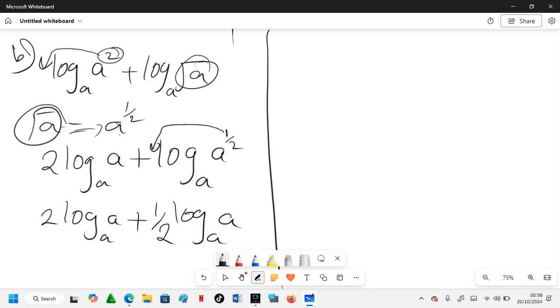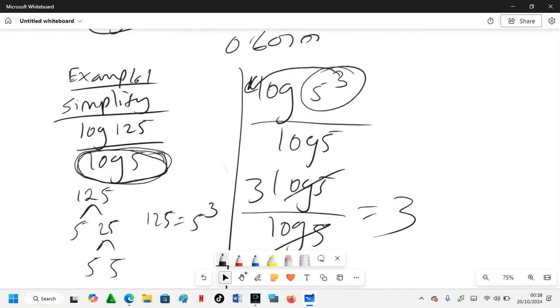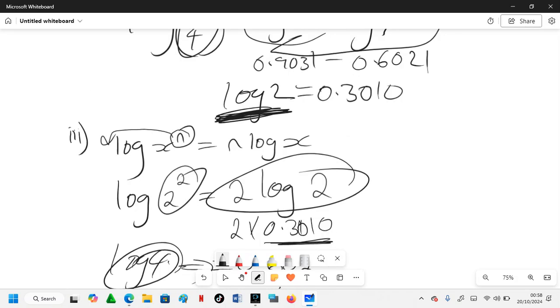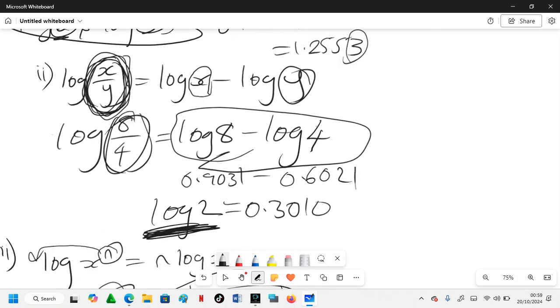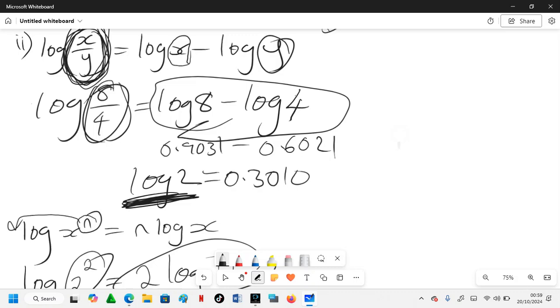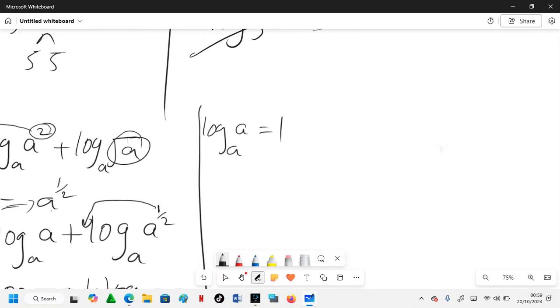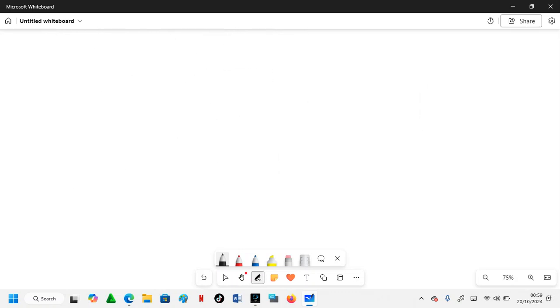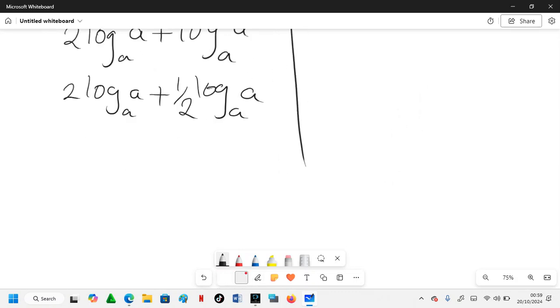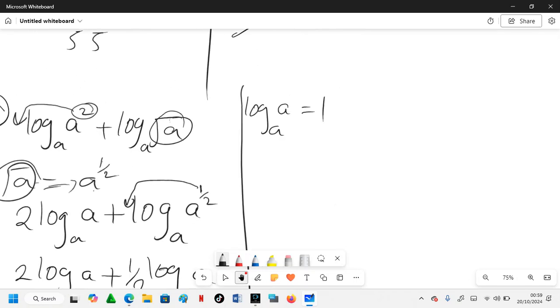And as I said, if you have a log to base a of a, then the answer must be 1. I've said that. I don't know if I can find it up here. I erased it. But we can use this opportunity to talk about it again.